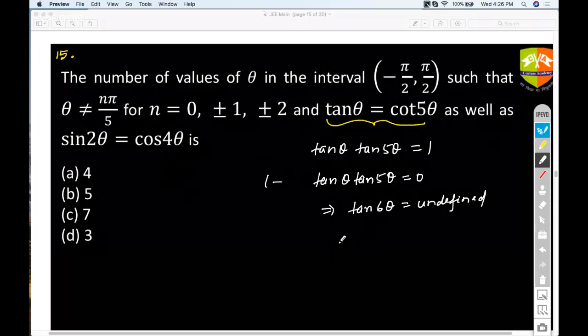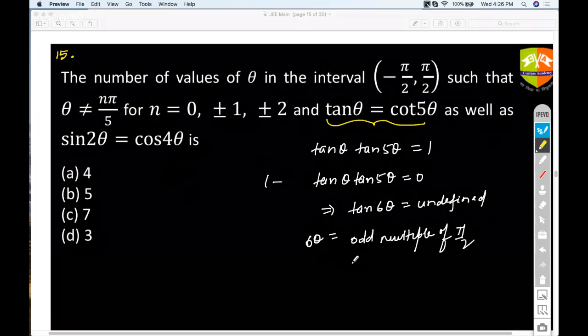Correct? That means 6 theta has to be an odd multiple of pi by 2. Right?